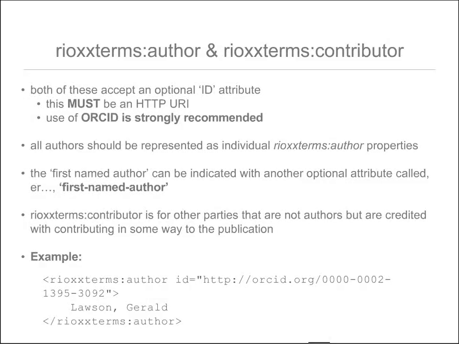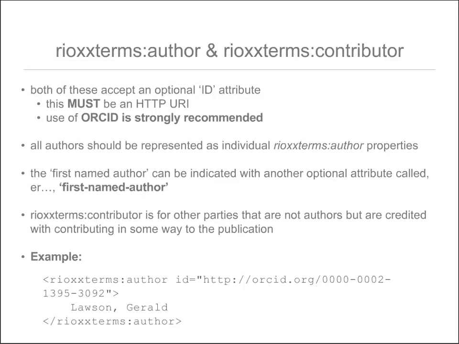RIOXX terms author and contributor, which have the same form. We were keen to start to introduce the use of global persistent identifiers for people, or parties, I should say, where parties are people or organizations. We're strongly recommending the use of ORCID. It's still not mandatory, it's an optional thing, because the use of global persistent identifiers for people is not ubiquitous yet, but we're trying to encourage the take-up.